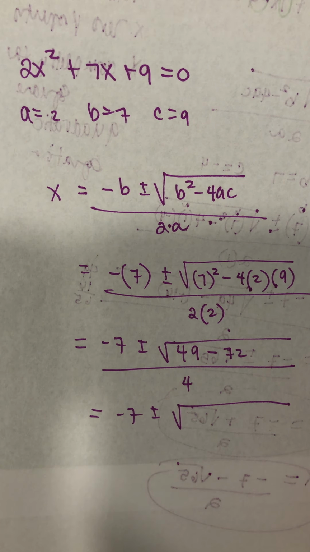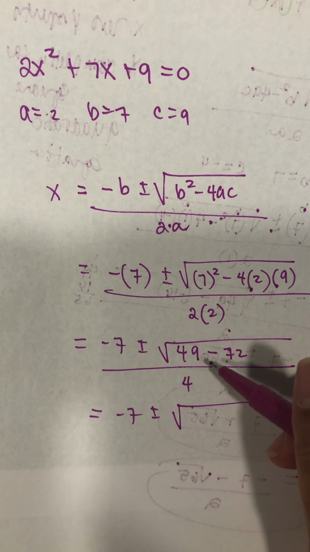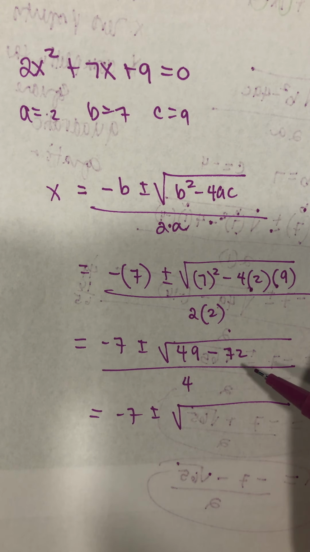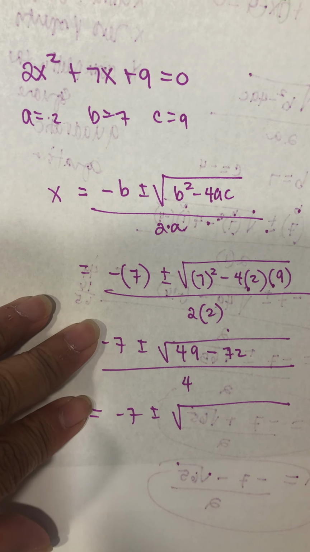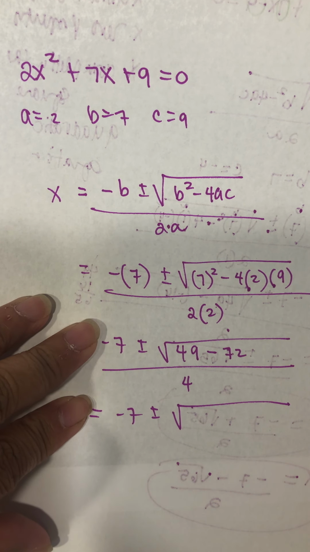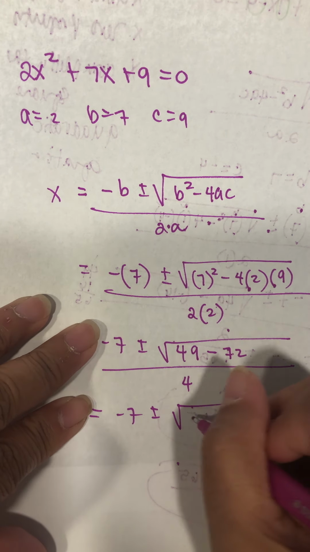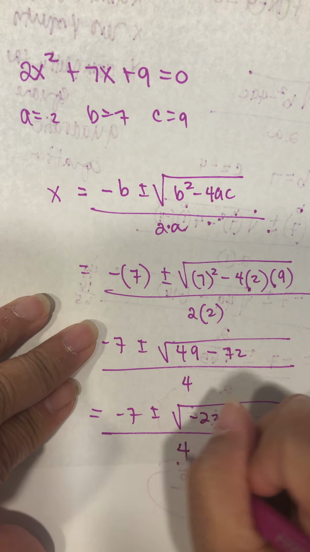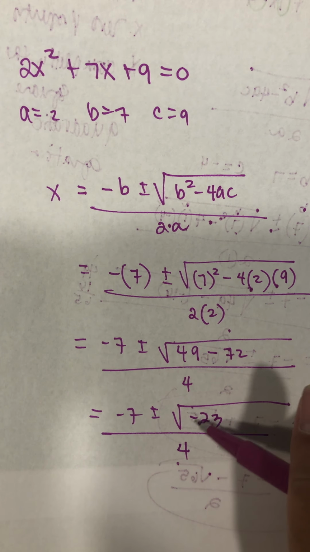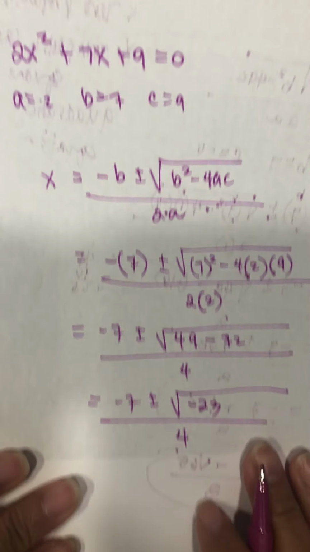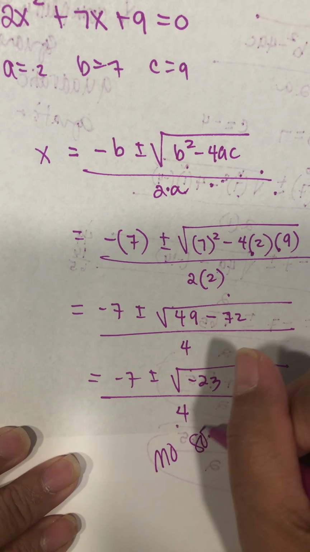All right, so in this case, you see 49 minus 72. 49 minus 72 is negative. How much is it? 72 minus 49. Negative 23. Whenever you have a negative number on the inside, it's no solution, Keith.